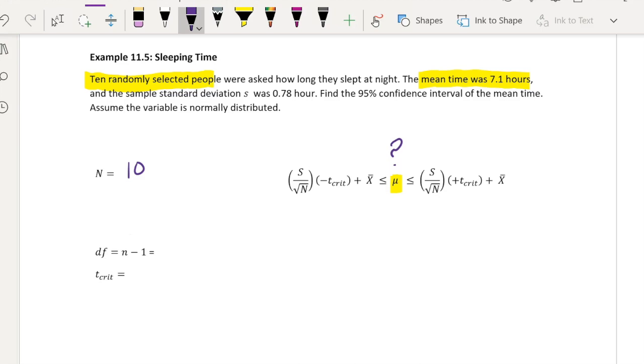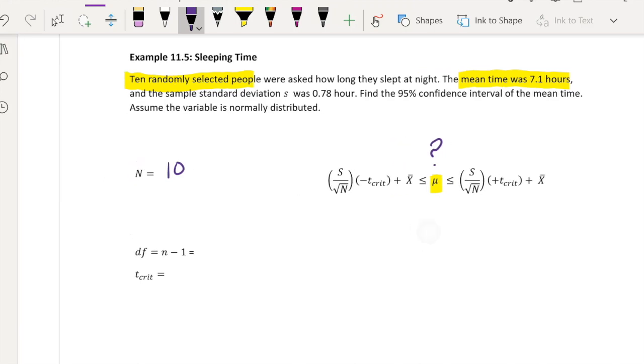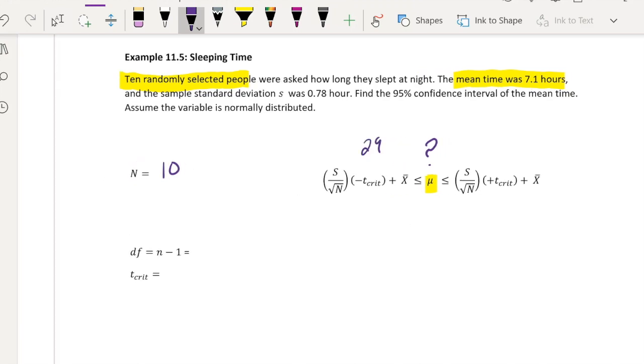In other words, if I was doing consulting, I would say to my client, I don't know what the population mean is, but what I can tell you is it's between this number, 29, and this number, 35. So that's what we're doing, but we're doing it based on the data for this example.